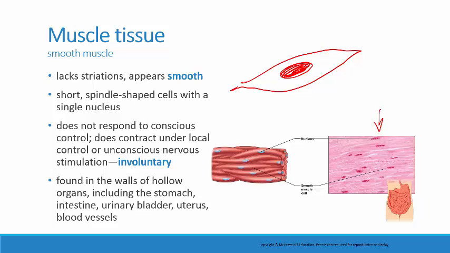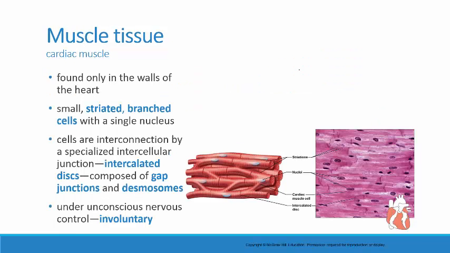So we find smooth muscle in the walls of the hollow organs: the stomach, the intestine, the urinary bladder, uterus, blood vessels, and so on. So that's smooth muscle. And the third type of muscle is cardiac muscle. The only place that we find cardiac muscle is in the walls of the heart. These are short cells, again, but they are striated.